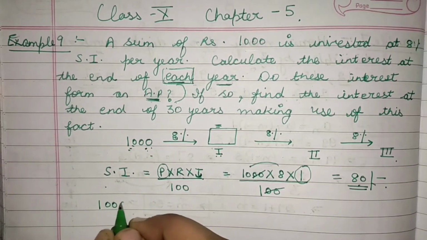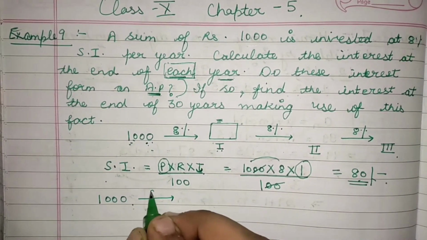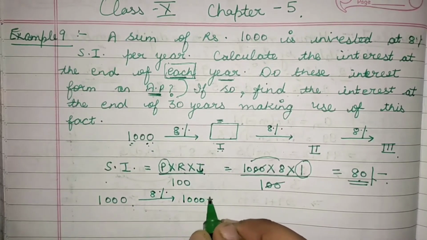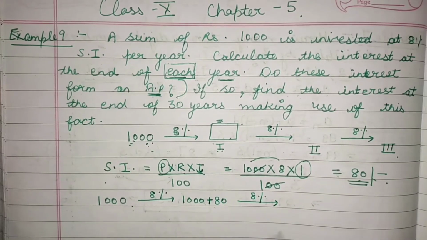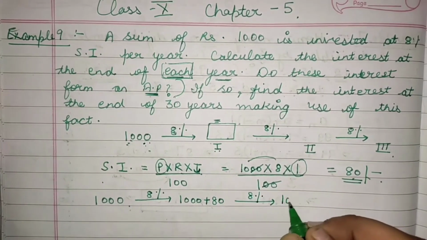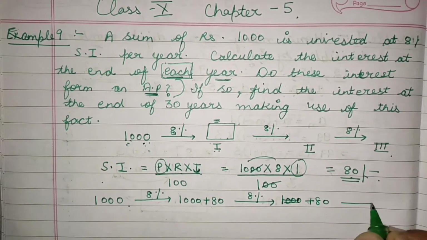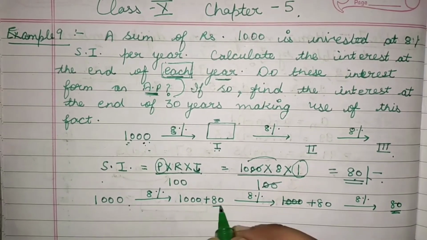So initially 1000 amount was invested, then after getting an interest of 8%, the amount was 1000 plus 80. Again 8% interest is there, again they will get an interest of rupees 80, and again rupees 80, because this is simple interest.